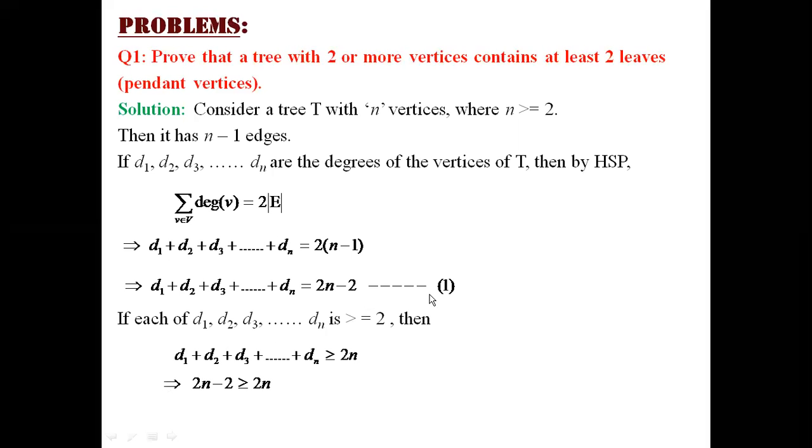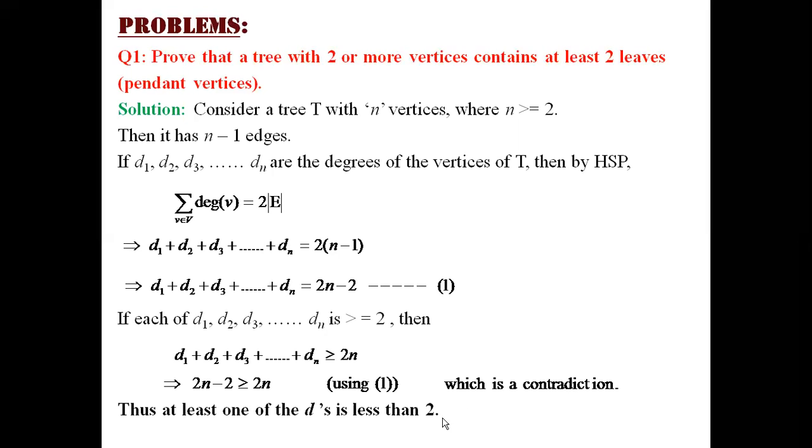But from equation 1, the sum of all the degrees is equal to 2n minus 2. So we can write 2n minus 2 is greater than or equal to 2n. And this gives us a contradiction, because 2n minus 2 is never greater than or equal to 2n. So there is at least one D which is less than 2.